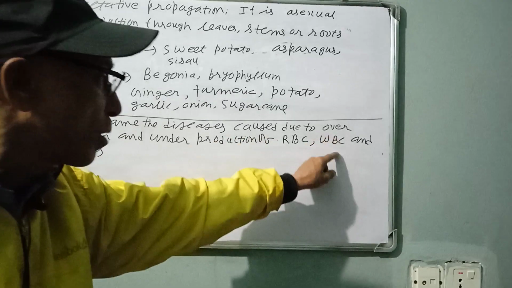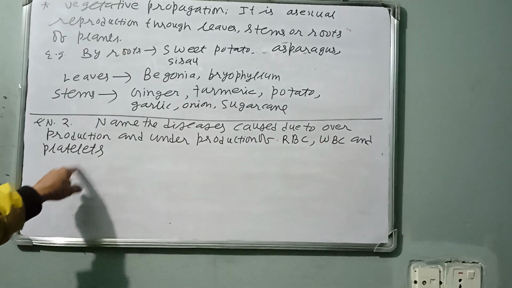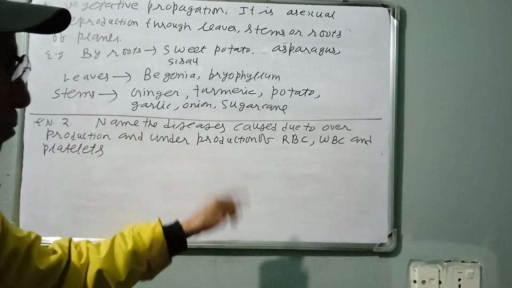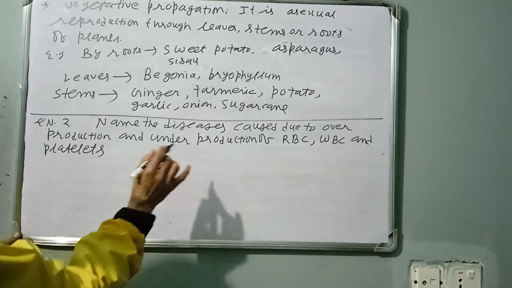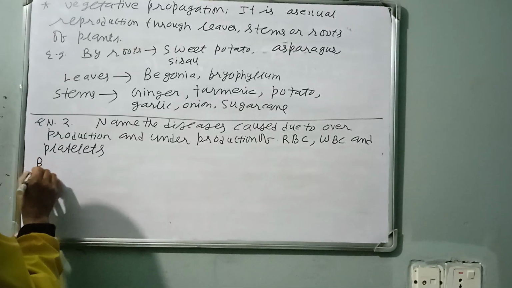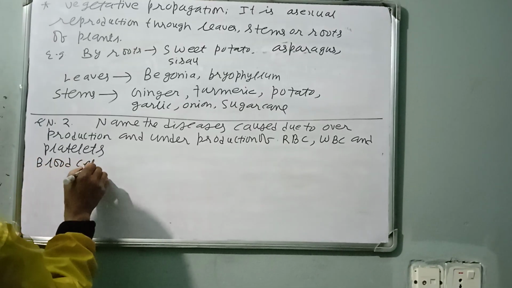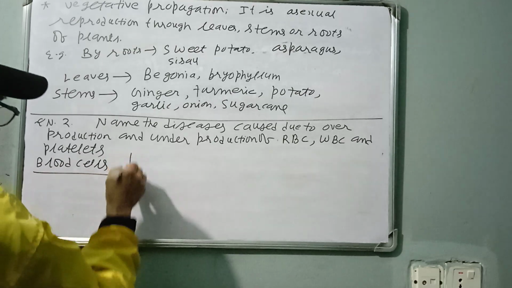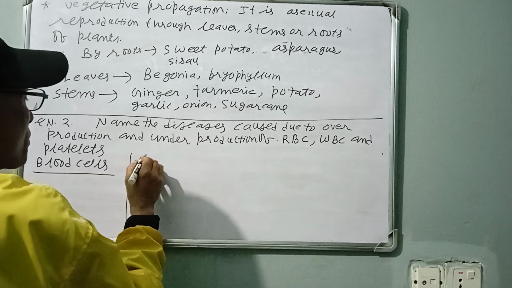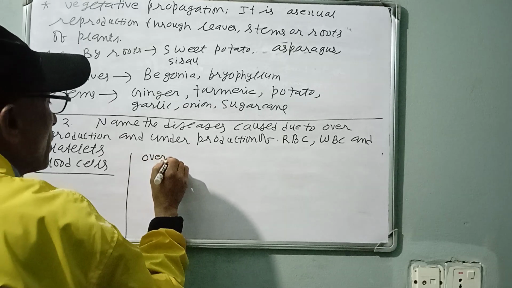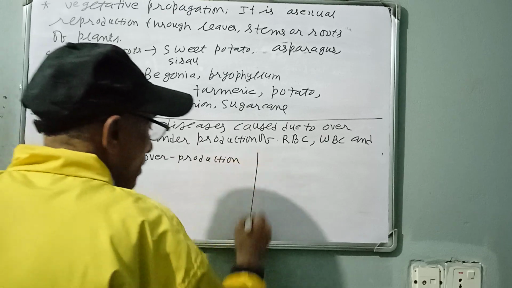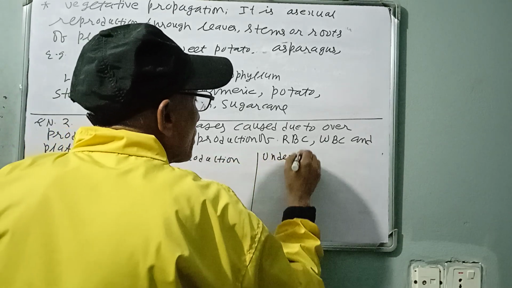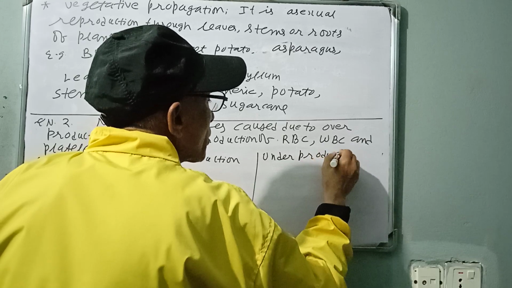If RBC, WBC, platelets are more or less, what disease occurs? See, you can write blood cells. You have to write blood cells and overproduction and underproduction.